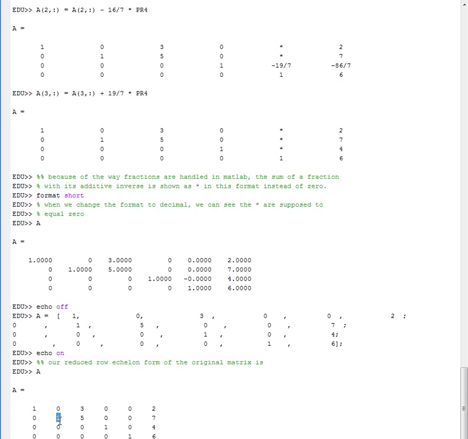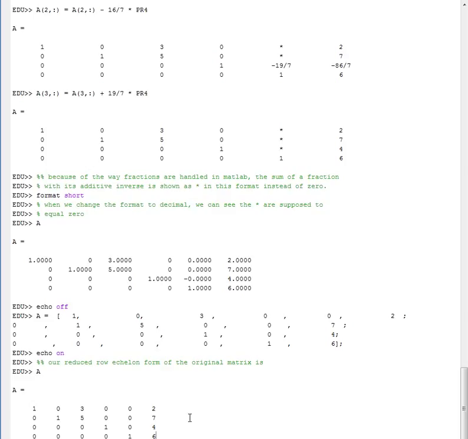So we got 4 pivots out of 6 columns, and they are ordered appropriately. And the last requirement does not apply in our case because we have no rows consisting entirely of 0.